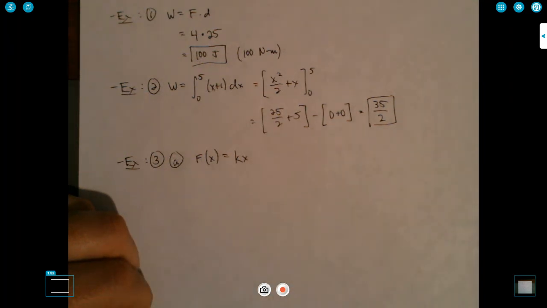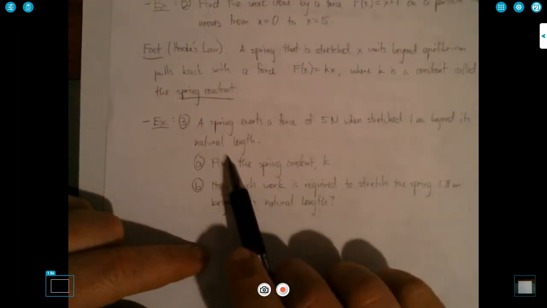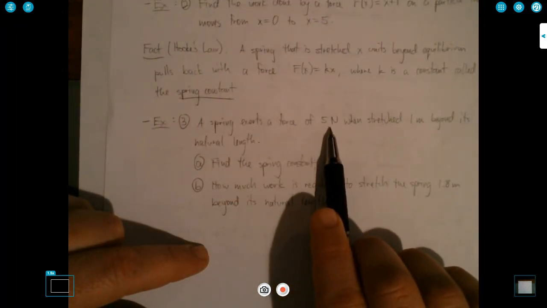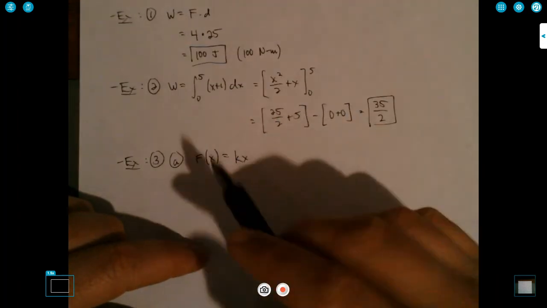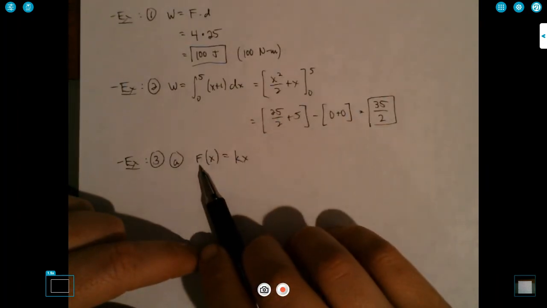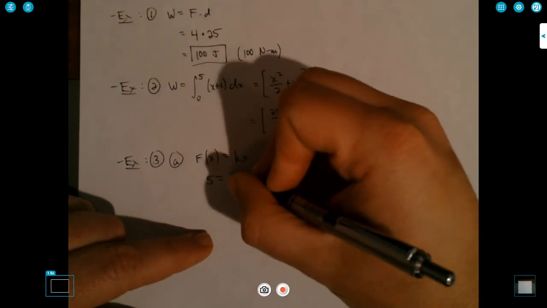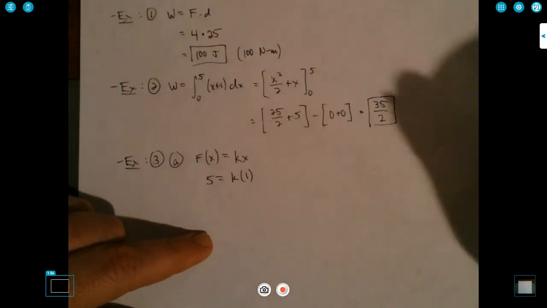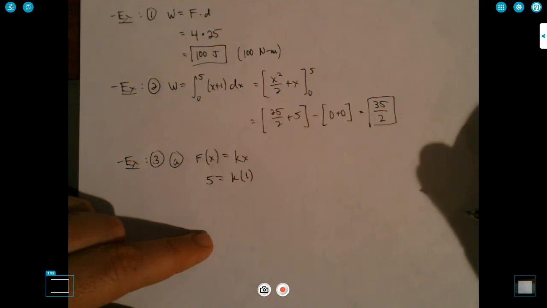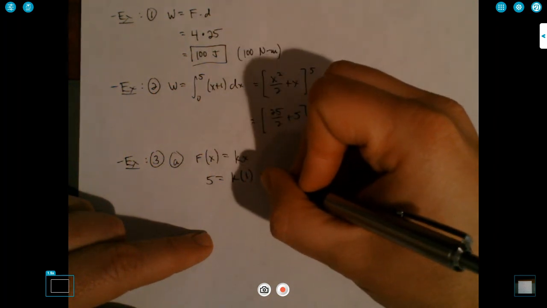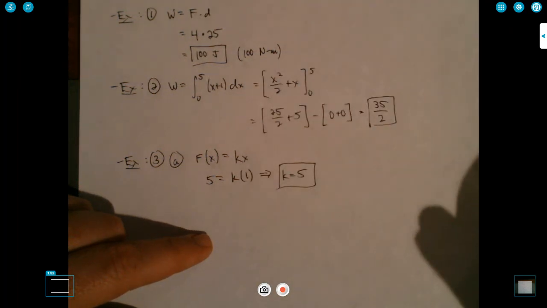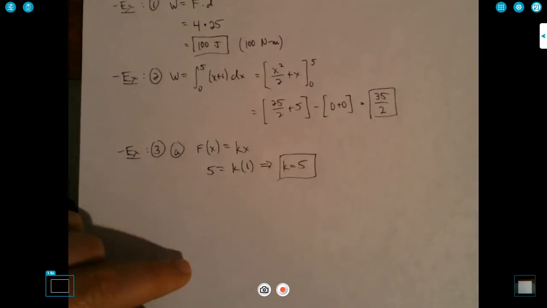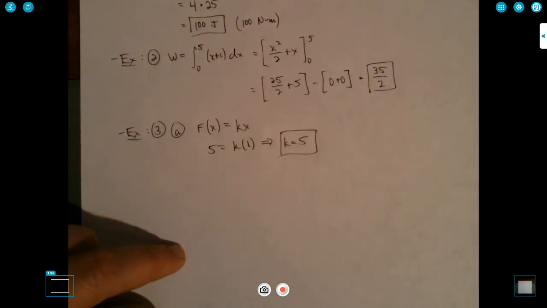We also know that it's exerting a force of 5 newtons when it's stretched 1 meter beyond its natural length. So when x is 1 meter, the force is 5 newtons. So we know that 5 equals K times 1, or in other words, K equals 5. Right? So the spring constant K is 5.